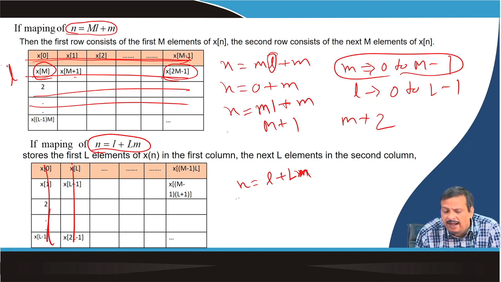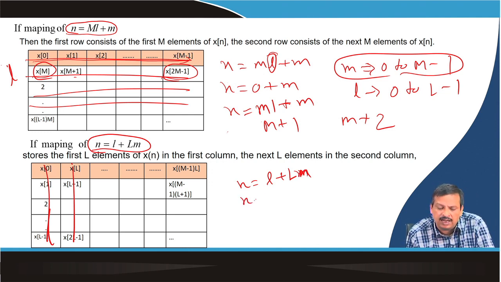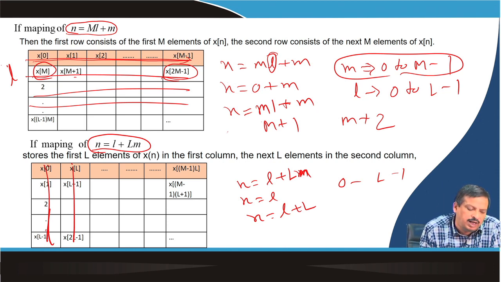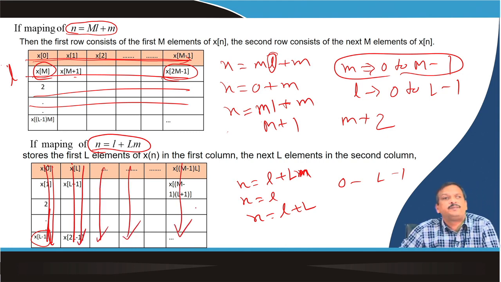So for m equal to 0, n is equal to l, where l varies from 0 to L minus 1. And when small m is equal to 1, n equal to small l plus capital L. So I store 0 to L minus 1 in the first column, then L to 2L minus 1 in the second column, third column, fourth column, that way.